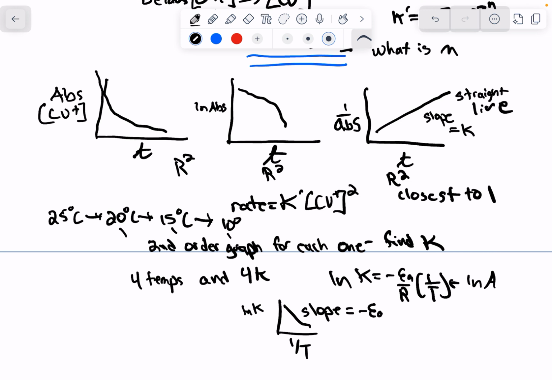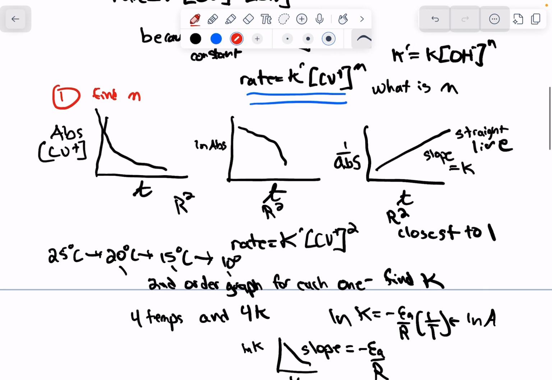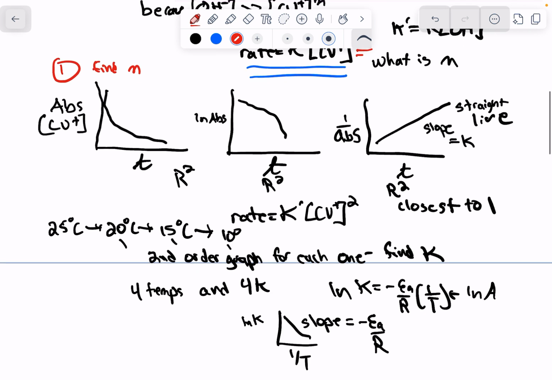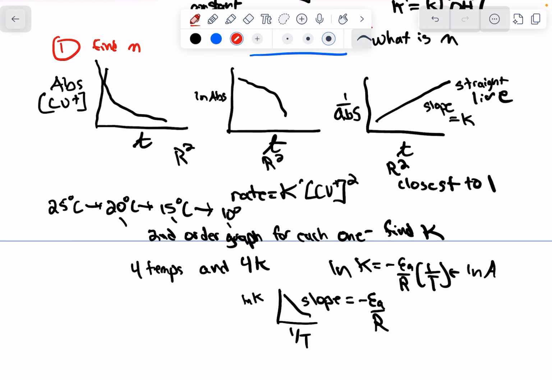So really, the first part of this lab is to determine the order of the crystal violet. Find m. Once you know that, you can just make the same plot over and over again.